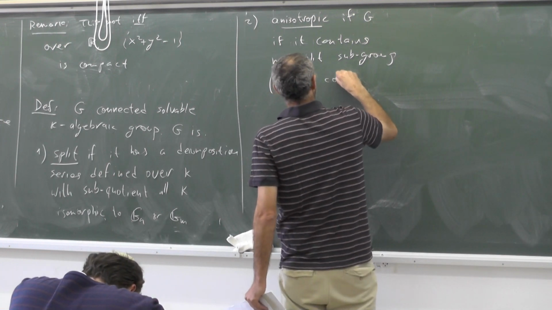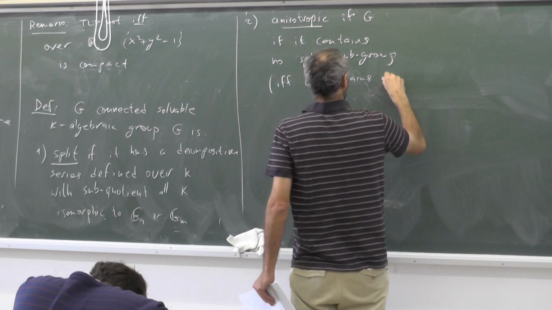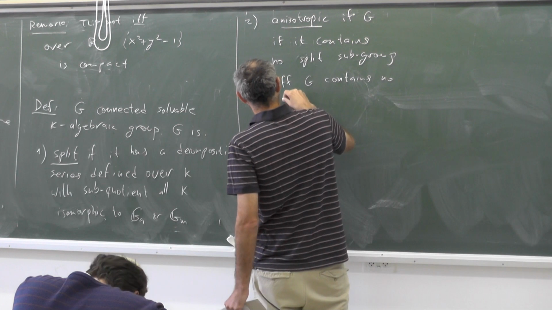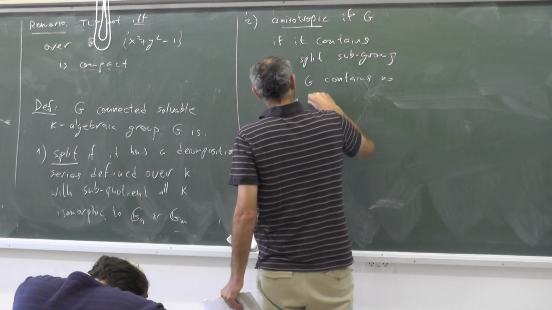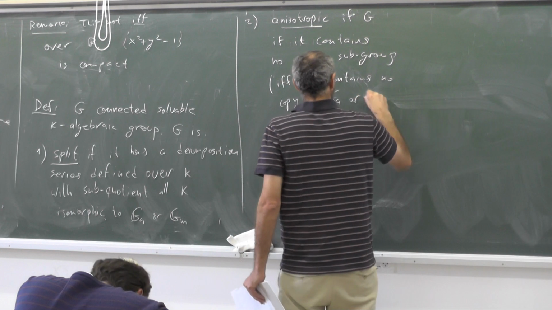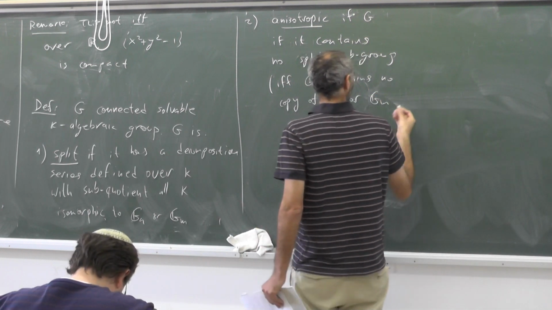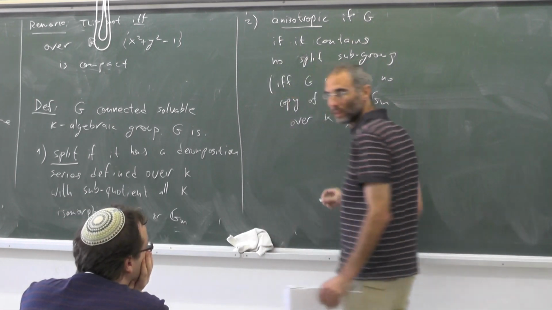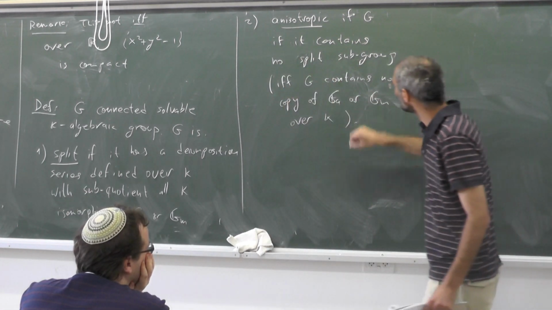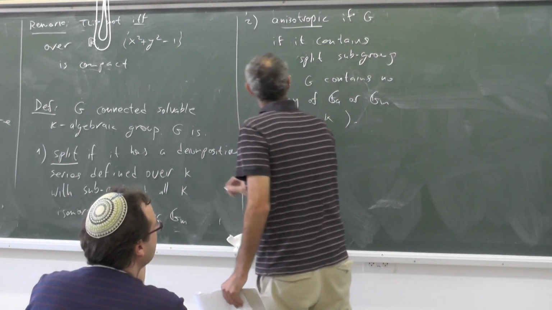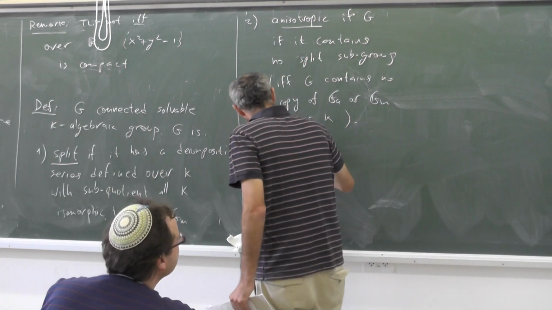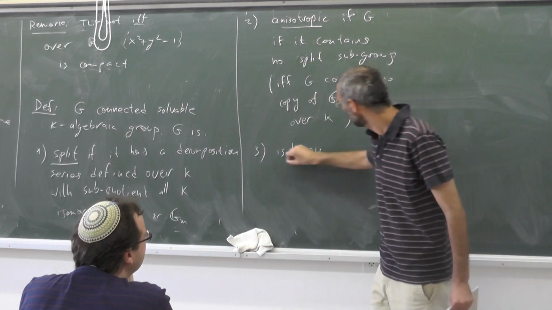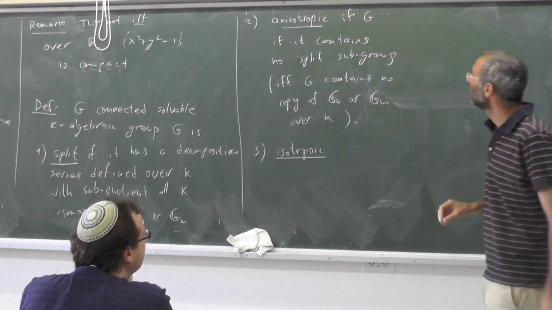G contains no copy of G_a or G_m defined over K. And it becomes confusing sometimes with the notion of isotropic group.